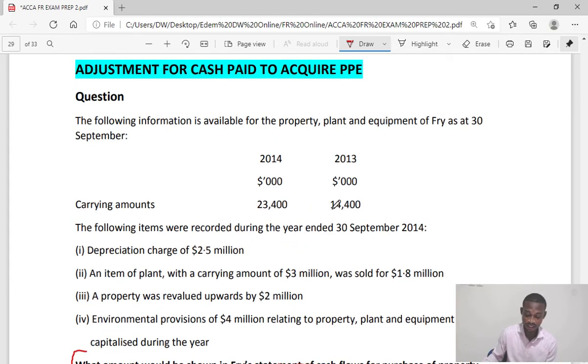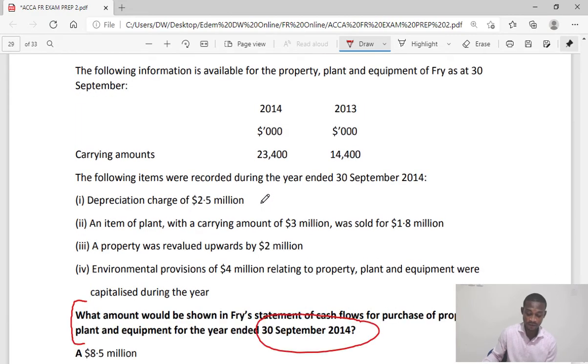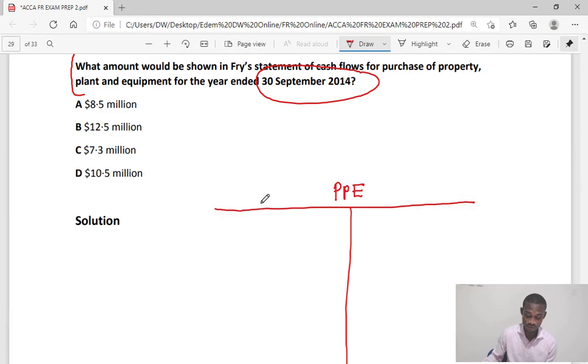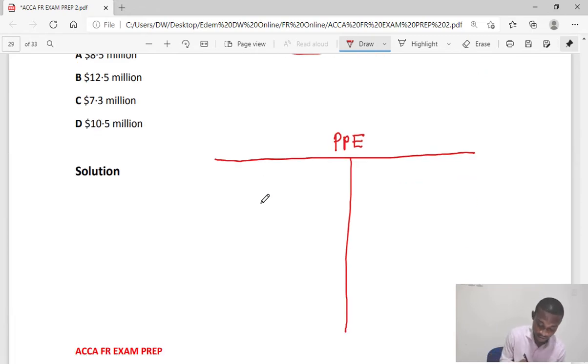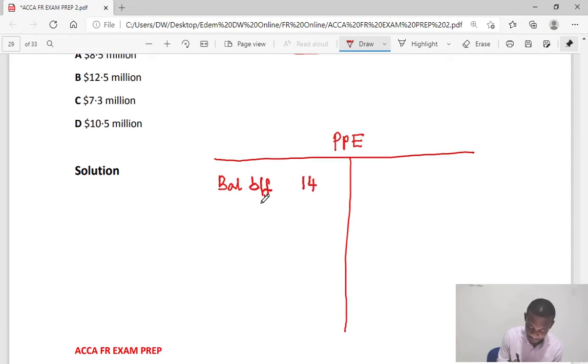So I have balance brought forward, which will be the balance from prior year, and I have balance carried forward. So let's see, 14,400, 23,400. So the balance brought forward is 14,400.